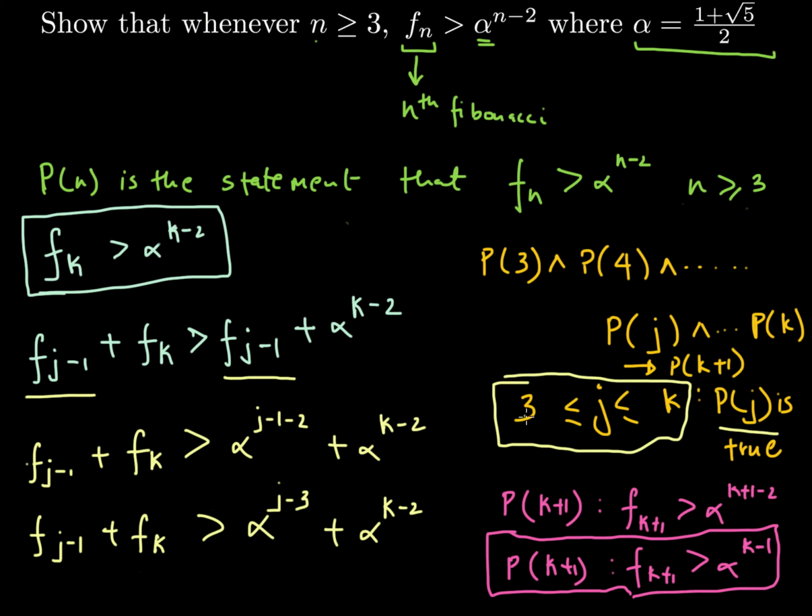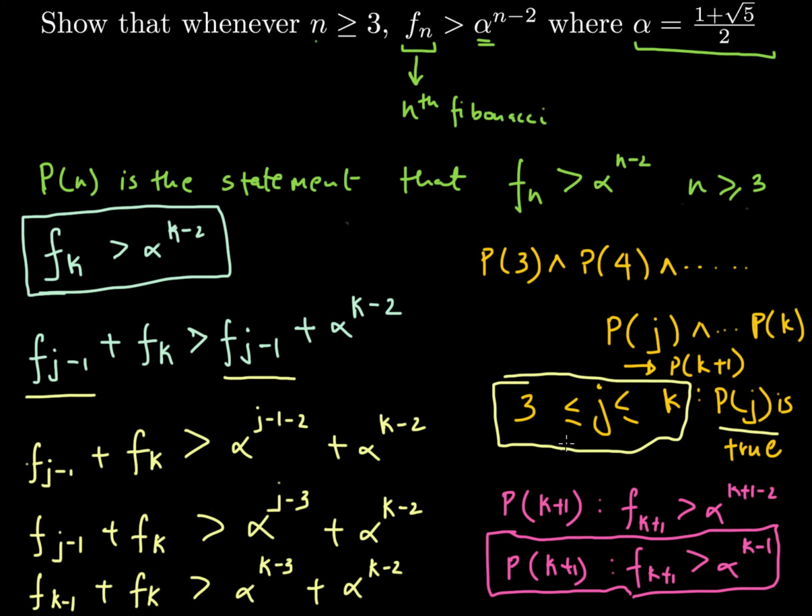Well, one such number is the number k minus 1. So instead of saying j minus 1, what I'll do now is I'll just say this. All right, let's look at f of k minus 1 plus f of k is greater than alpha to the power of k minus 3 plus alpha to the power of k minus 2.